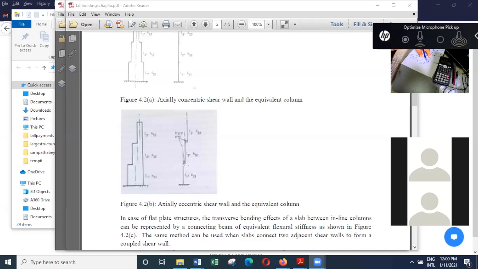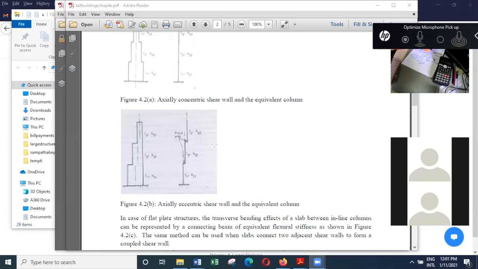So you will have a horizontal beam connecting the other shear wall at the upper level, and for this arm you will allocate a very high I value so that for the deformation of the arm and the wall, this column or the wall, you will get a perfect 90-degree angle, and that way you can accurately model the wall by using columns. So that's another thing that you can use.